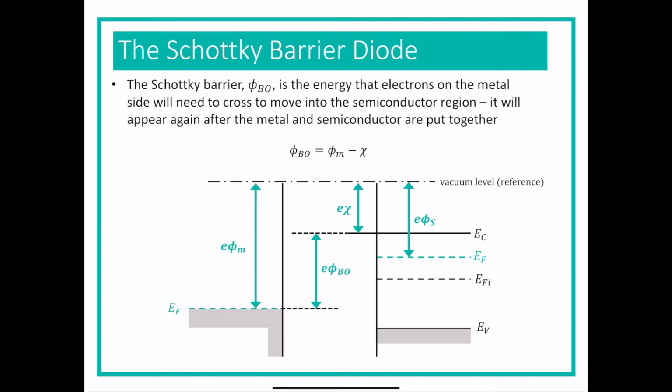That value, the Schottky barrier, is basically an energy barrier that electrons on the metal side need to cross. So this is a value given in volts, just like the other values we get for work functions. So this will be a barrier that will prevent electrons from going from the metal to the semiconductor.